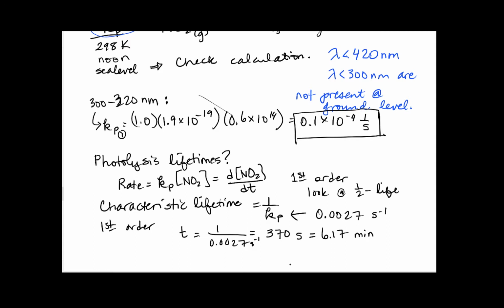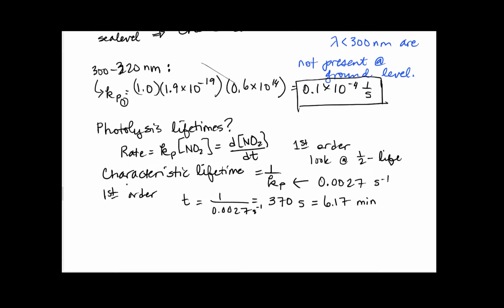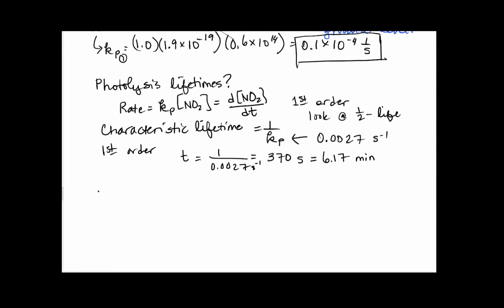Okay, so coming back into our photolysis big idea, we have looked at some photolysis lifetimes, and I want to just point out that photochemistry, or chemical reactions that are induced by light, is really responsible for all of the important chemistry that's happening in our atmosphere, and a lot of it that's happening other places as well.